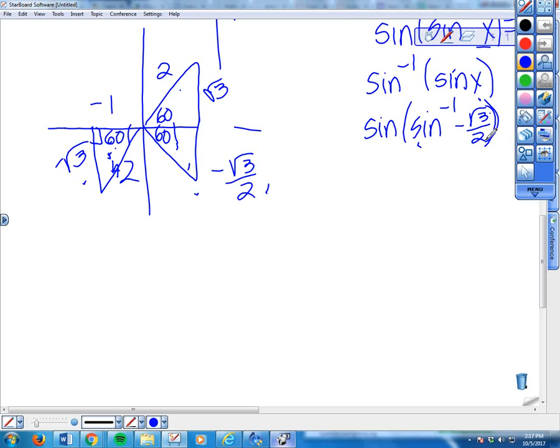So this angle is either in this quadrant or in this quadrant, right? But it must be in this quadrant because sine has to be restricted. So the answer to this one is still the square root of 3. I did it. Okay, I should have done the first one I did.